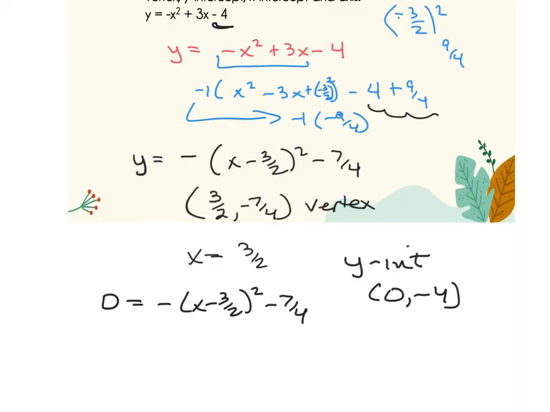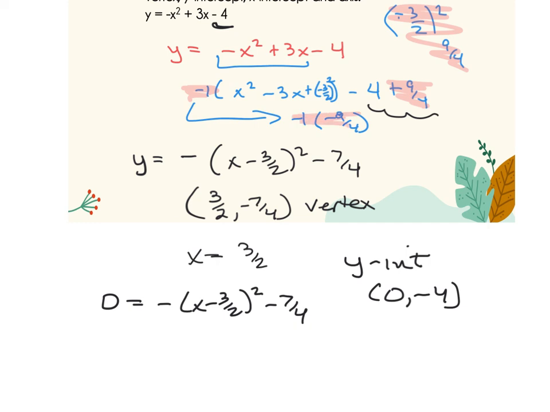I factored the negative 1 out of the two variables. I shifted the 4 over. I took the b term, divided it by 2, and squared it, and I got 9 over 4. I should be subtracting it here, but I needed to remember to take into consideration the negative 1.